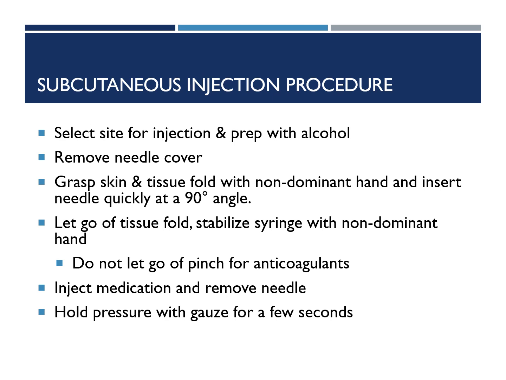If you're giving an anticoagulant, you don't let go of that pinch. You're then going to inject your medication, and you're going to remove the needle, and you're going to activate that safety mechanism immediately. You're going to hold pressure at the injection site with a gauze pad for a few seconds, but we're not massaging the area. Okay, all we're doing is just holding that gauze pad on there to make sure it's not going to bleed.